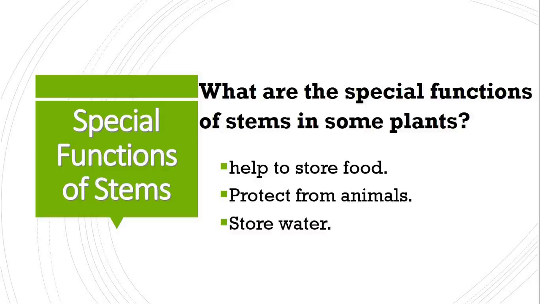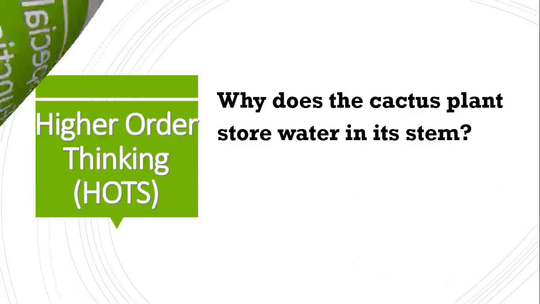Desert plants such as cactus do not have leaves, so their stems help to produce food. Have you understood? Nice.